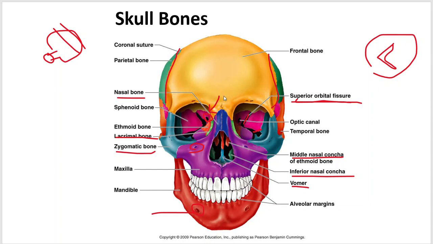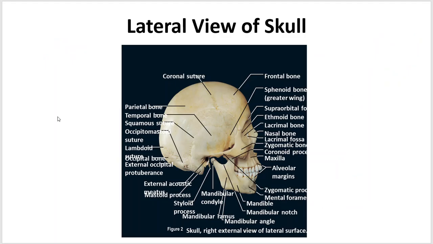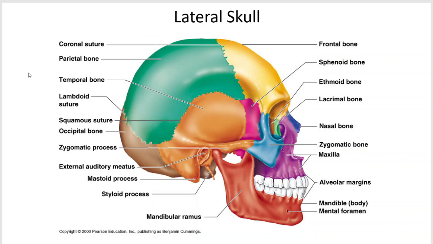The inferior and superior orbital foramen. Ooh, that's a busy slide right there, guys. Extremely busy. As a matter of fact, I'm not even going to try. You can use this as a reference, but that's just too much information.